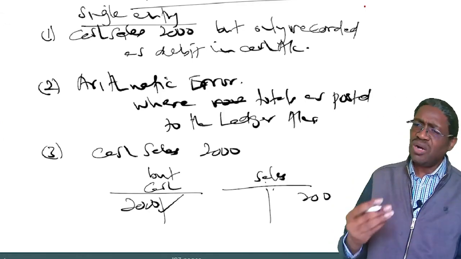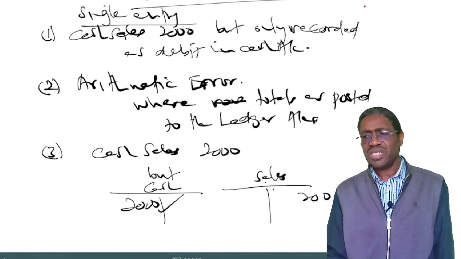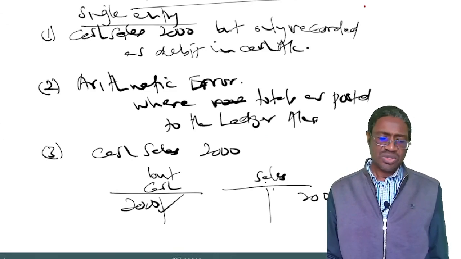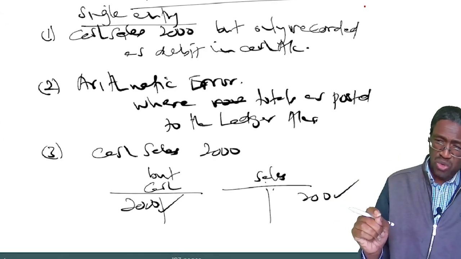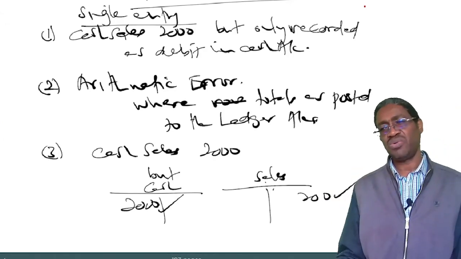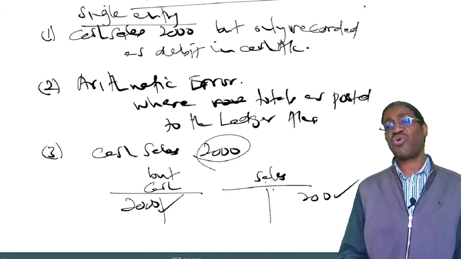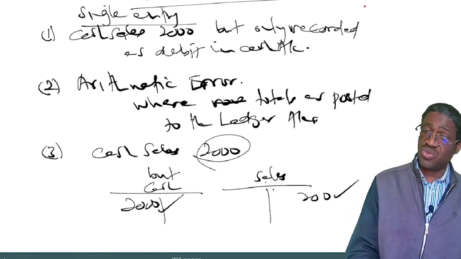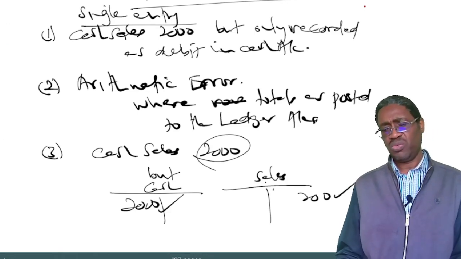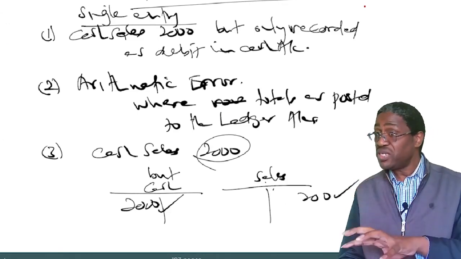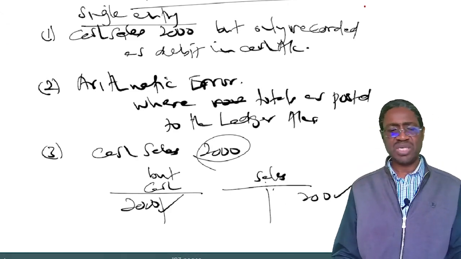But when you, as an accountant, record it in the sales account, you credited 200. The trial balance will never balance. So we are saying where a transaction is recorded using different amounts. The transaction was for 2,000, but you record it using a different amount. One entry is 2,000, the other one is 200. Good. So those are some of the examples of errors which when you commit them, the trial balance will never balance. Good. So let's put down something on that.